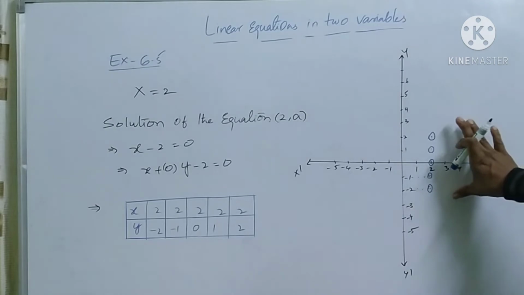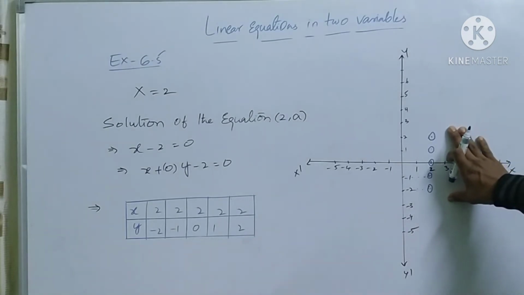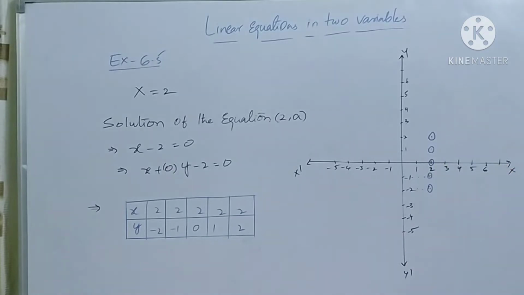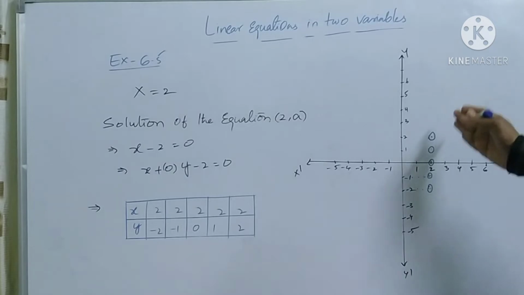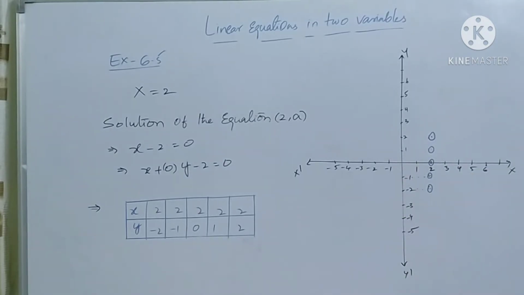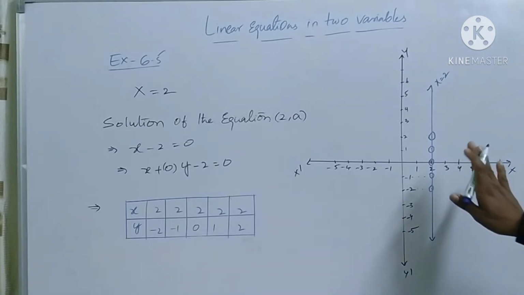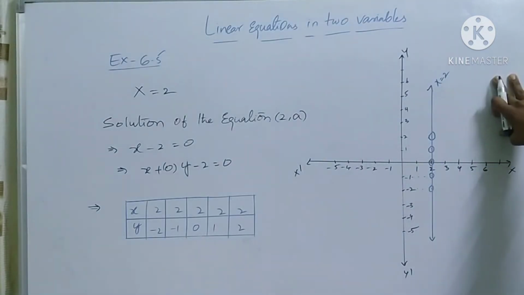So x is equal to 2 is a line parallel to the y-axis and passing through x is equal to 2. Join these points and we get a straight line. This is the graph of the given equation.